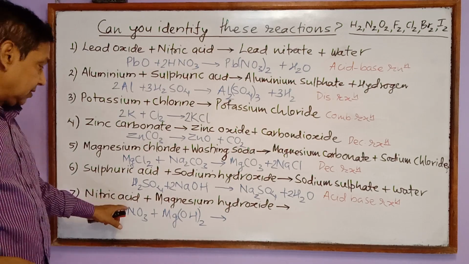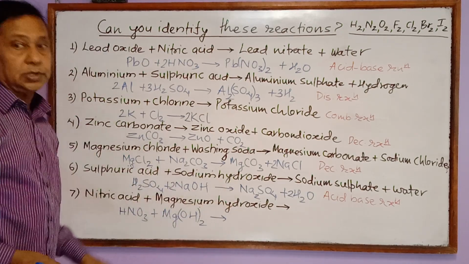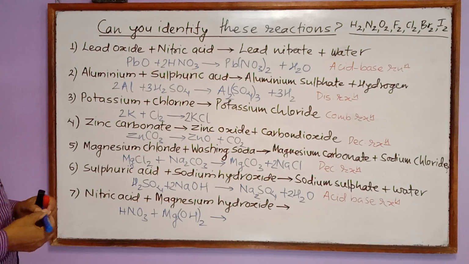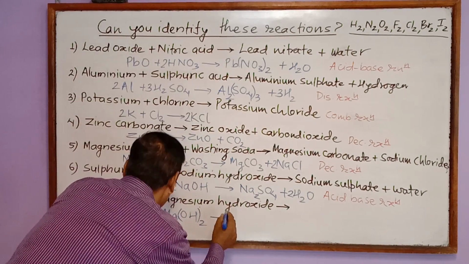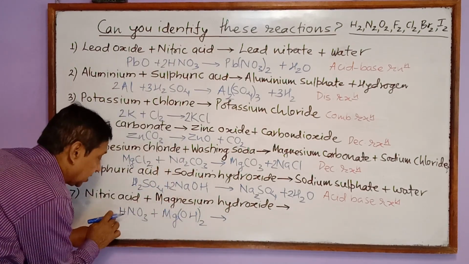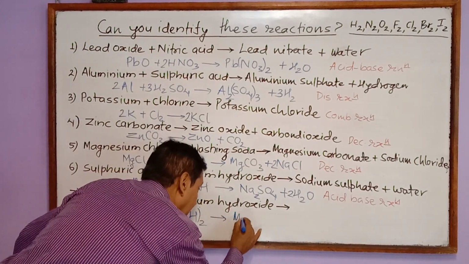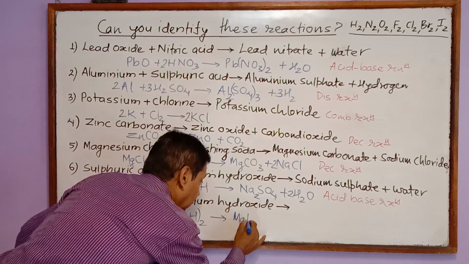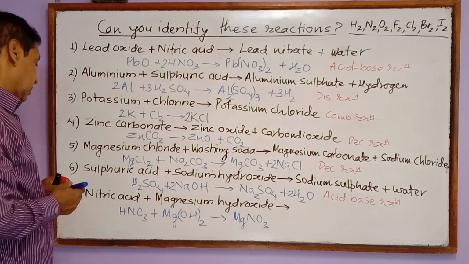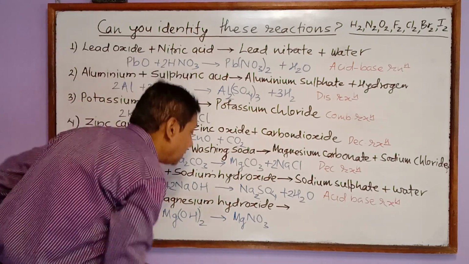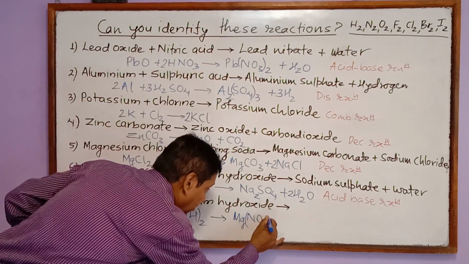Now what is this? This is an acid. This is a metallic hydroxide, meaning this is a base. This is an acid-base reaction, and the products are salt and water. How is the salt produced? Magnesium displaces hydrogen. That's why Mg(NO3)2. Magnesium valency is 2, nitrate 1, so the valency of magnesium should be transferred to nitrate.